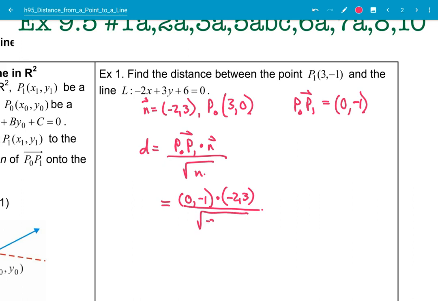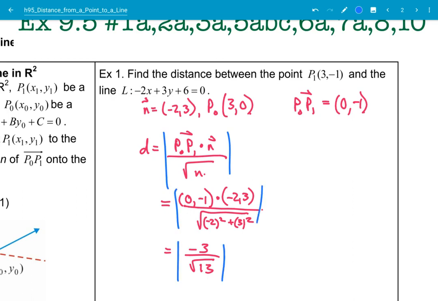So -2 squared plus 3 squared. So I get -3 over root 13. I guess one thing I didn't say, it can't be negative, so it's the absolute value of that. So this is 3 root 13 over 13 rationalized. There's the distance.